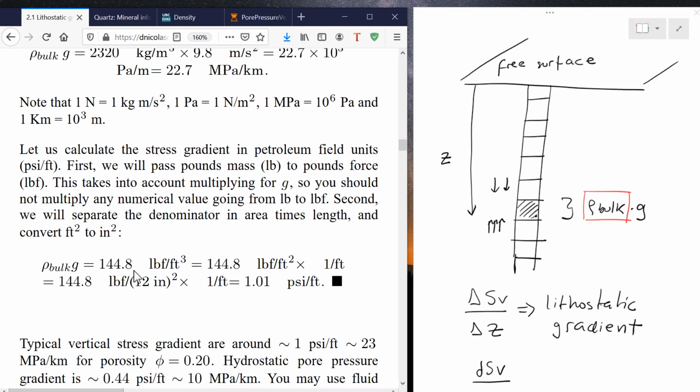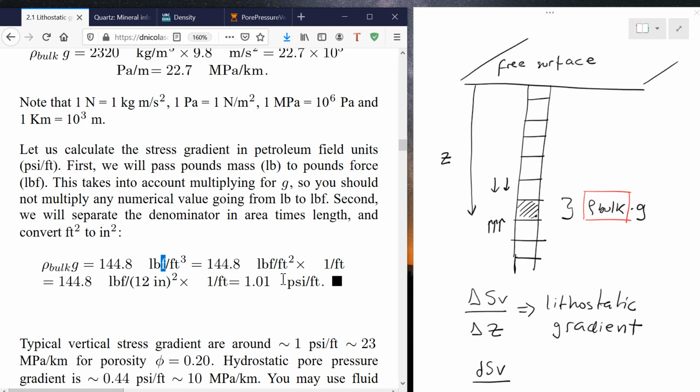But if we just go to that value, it will be 144.8 pounds force per cubic foot, and this one is already considering gravity. That's why it has the force over there. The only thing I have to do in order to convert it to psi per foot is to convert this pound force per square foot to pound force per square inch. And when you do that, you find that the result is 144.8 divided by the square of 12, which is 144, and is very close to 1.